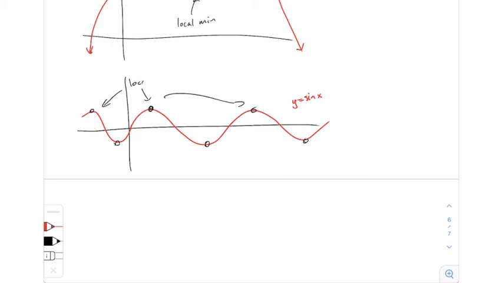These are local maxima. Actually, I can say at π/2 + 2πn, this kind of thing. π/2 is the first of those peaks, and then it repeats every 2π radians as you go across the picture, you get another one. All right, a local maximum.